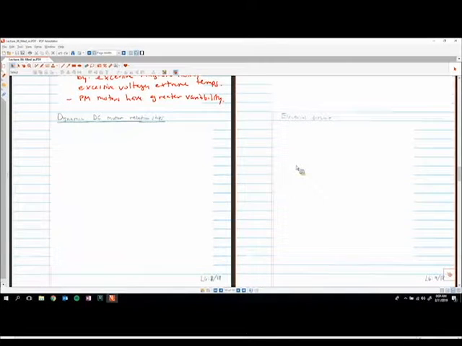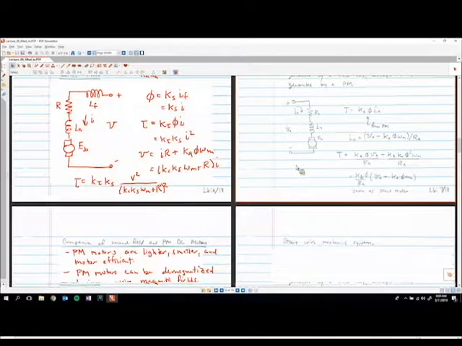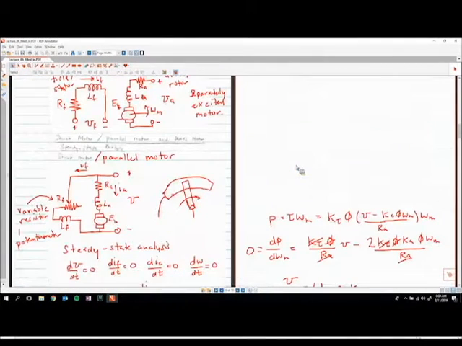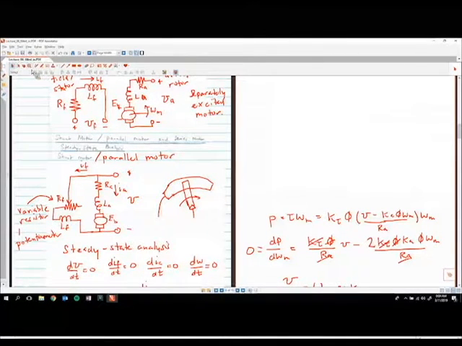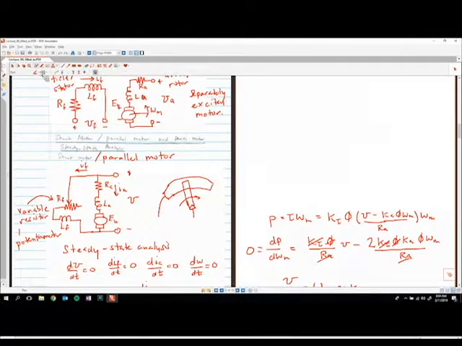We're just going to go through one example of a shunt motor. Let's quickly remind ourselves of the differences between a shunt motor and a series motor. This is the shunt motor configuration, also called a parallel motor.